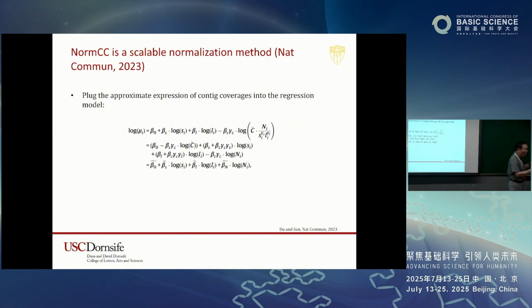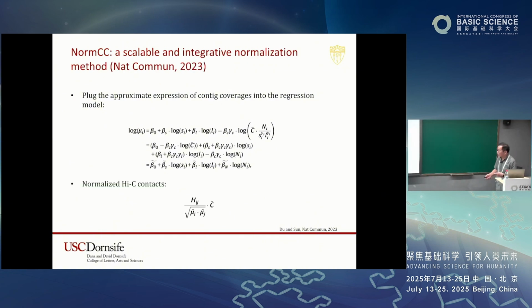Okay, with all this, we solve this problem, and then the next question is, now we are not modeling the read pairs, but each individual contig. With those, the number of Hi-C counts between these two contigs, how do you normalize that?